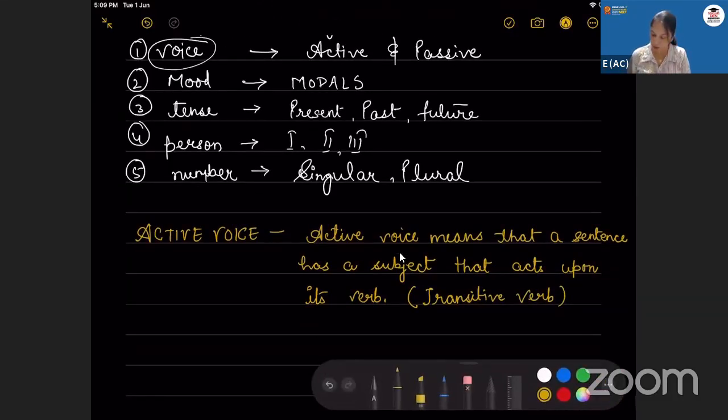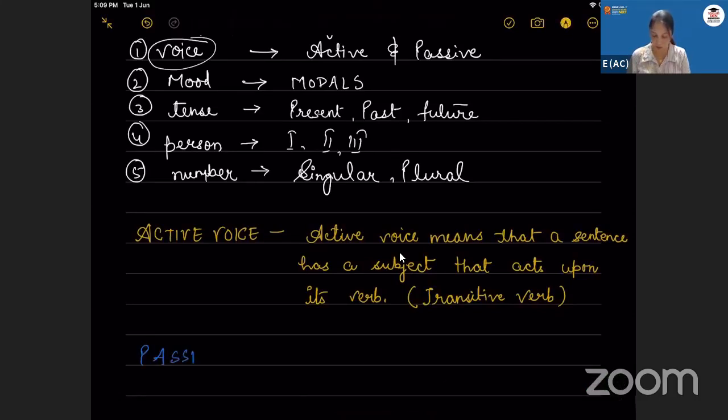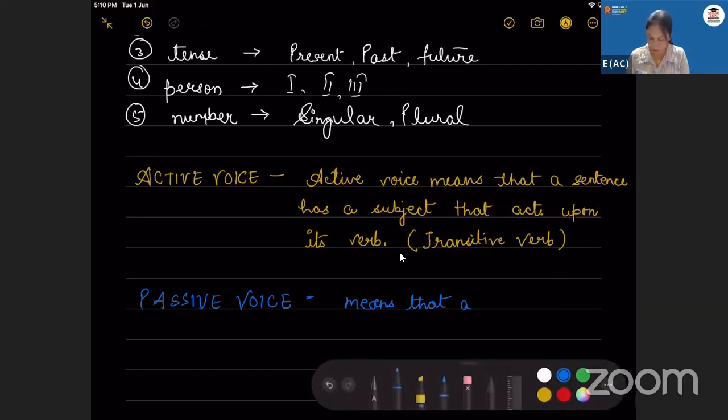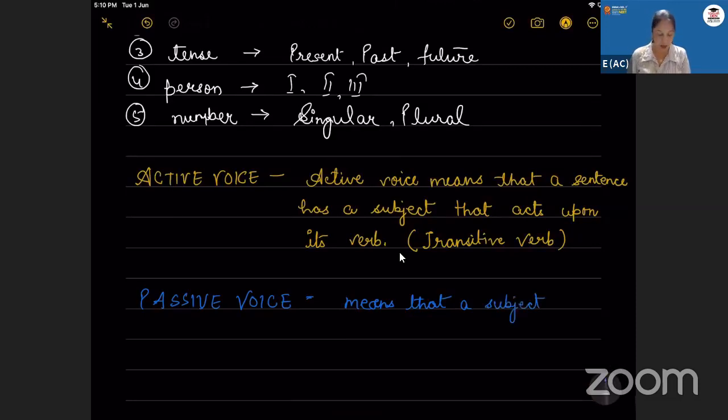And what is a passive voice? A passive voice means that a sentence has a subject that is the recipient of a verb's action.